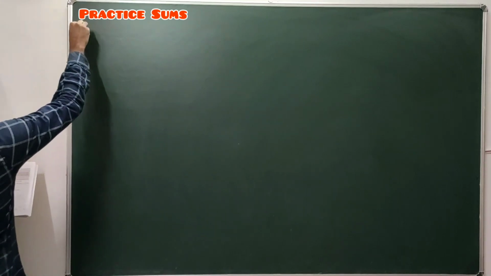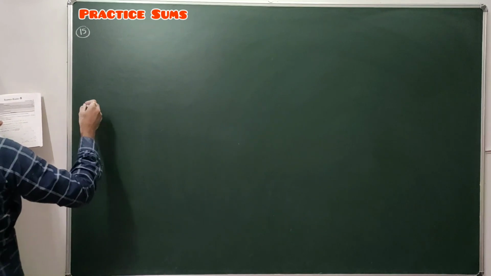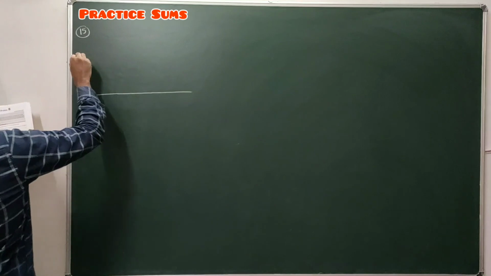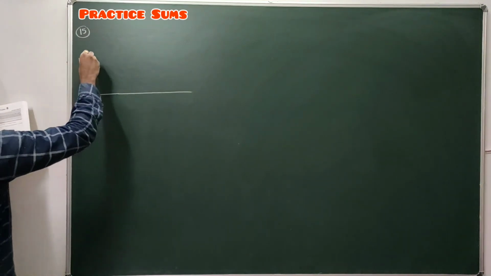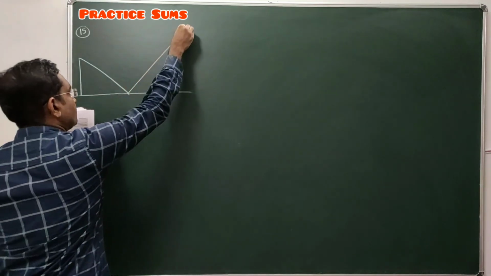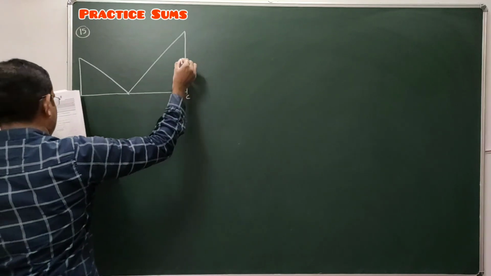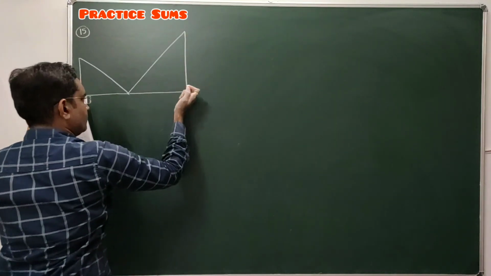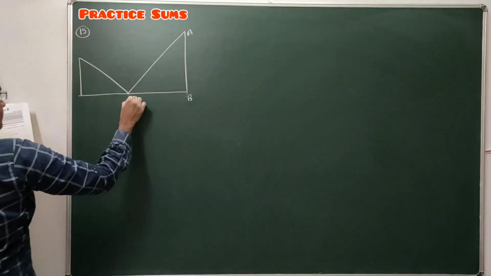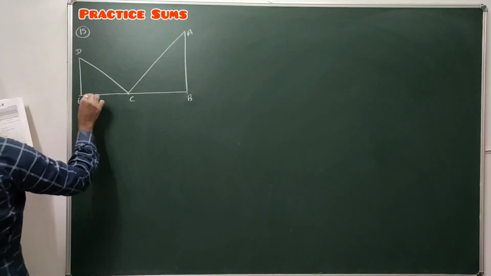Students, now question number 15. A very good question is there in this given figure. So here one figure is given. This is B, this is A, this is C, this is triangle ABC, and this is triangle DEC.